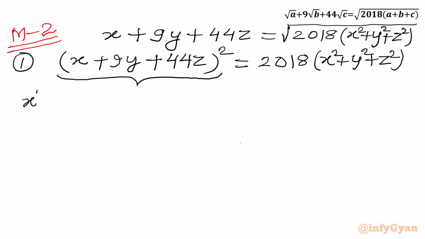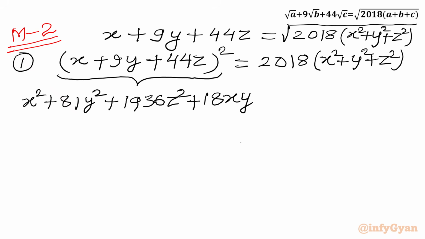So I can write (x² + 9y + 44z) whole square will be x² + 81y² + 1936z² + 2 times x times 9y, 18xy, plus 2 times 9y times 44z, 792yz, plus 2 times 44z times x, 88zx.